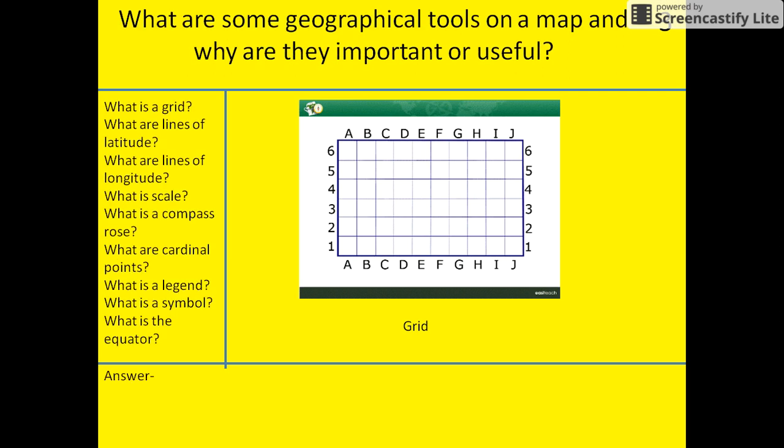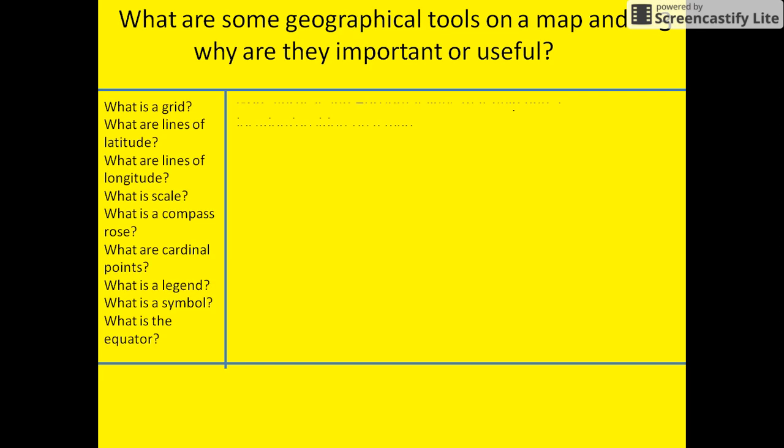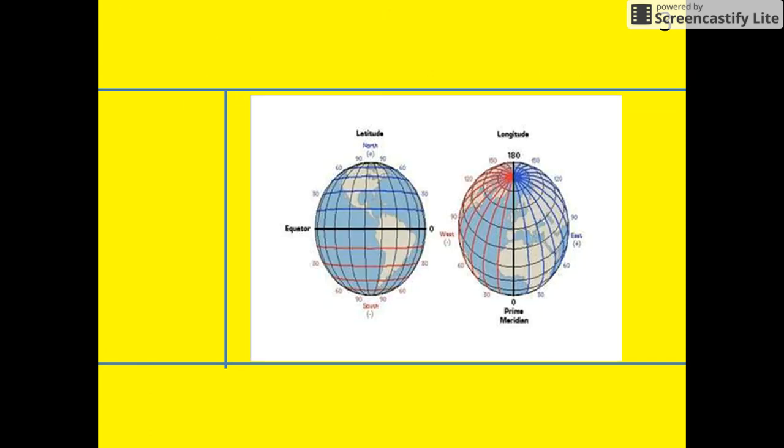So a grid, sorry, it's vertical and horizontal lines that help you find a position on a map. Okay, now if we look at them on a globe, we have also lines. A globe is a picture of the Earth or a map of the Earth, and we have these lines.